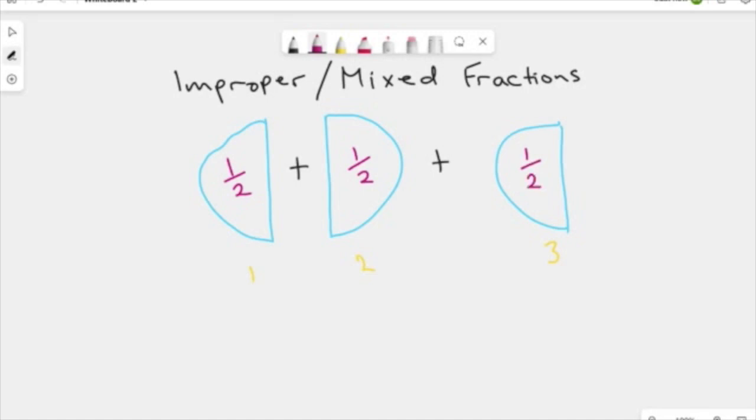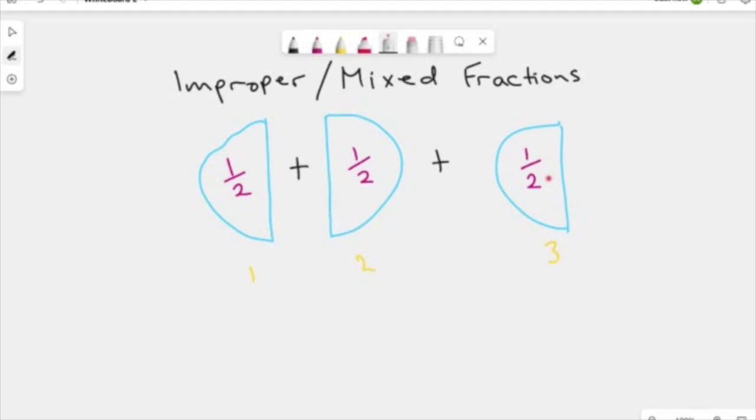I used an example previously of the idea of pizzas. So we can think of these as, we've got half a pizza here, we have another half of pizza, and a third half. So looking at these, we have three lots of a half portion.